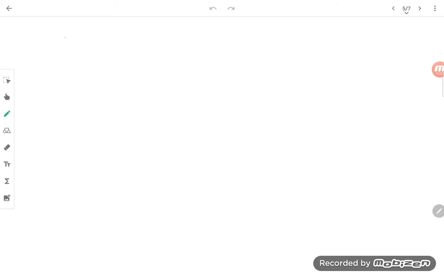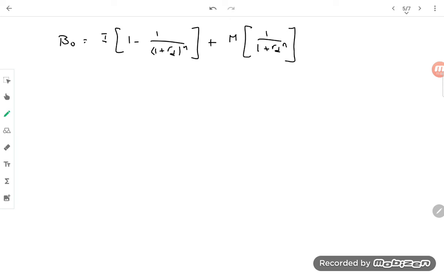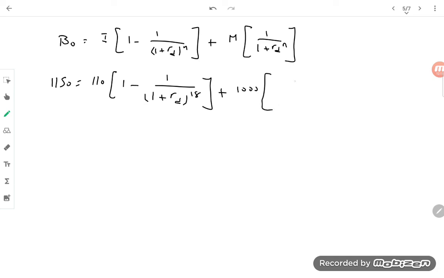We are going to return to our rule that B0 equals I multiplied by 1 minus 1 over (1 plus RD) to the power N, plus M multiplied by 1 over (1 plus RD) to the power N. So B0 is 1150 and I is 110, 1 minus 1 over (1 plus RD, which is unknown) to the power number of years, which is 18, plus M, which is 1000, multiplied by 1 over (1 plus RD, unknown) to the power 18.